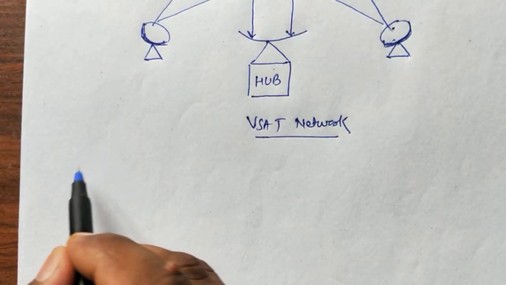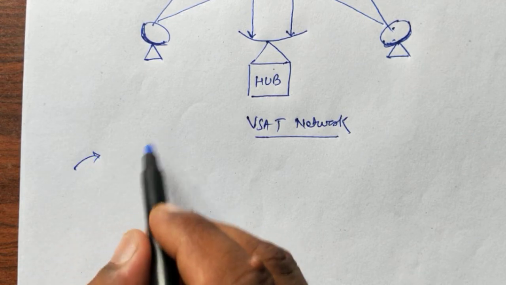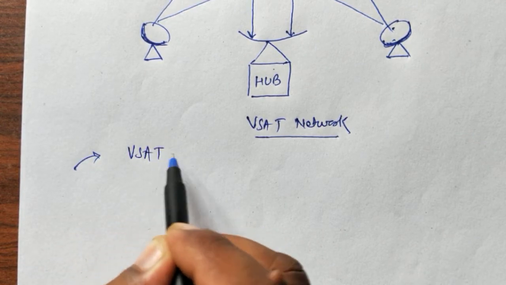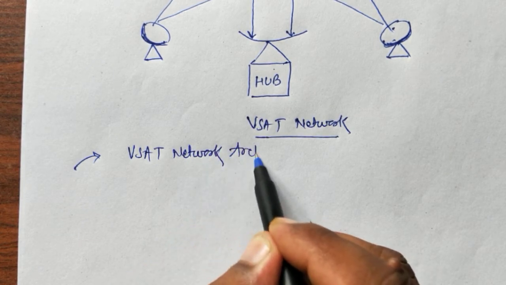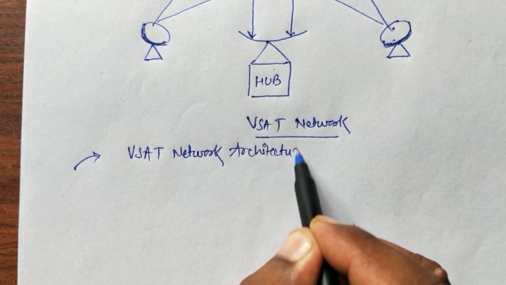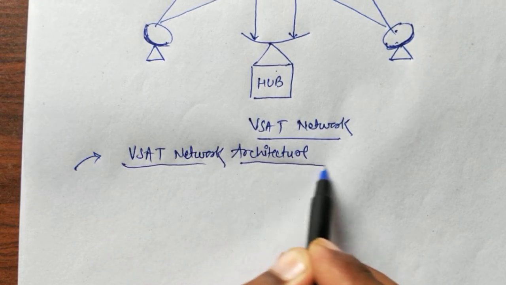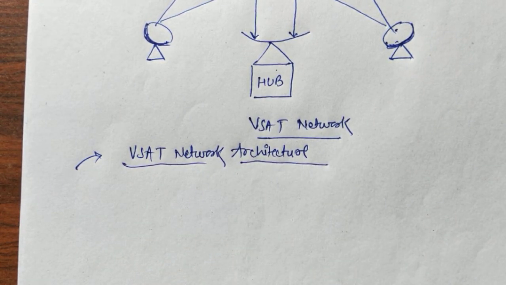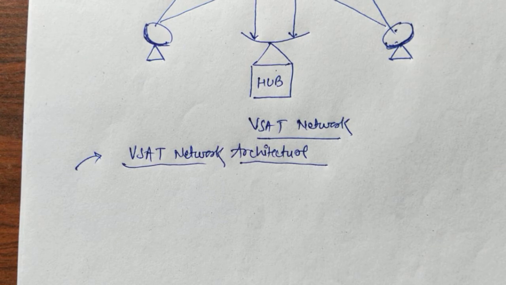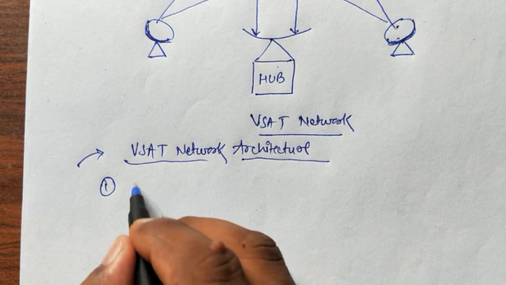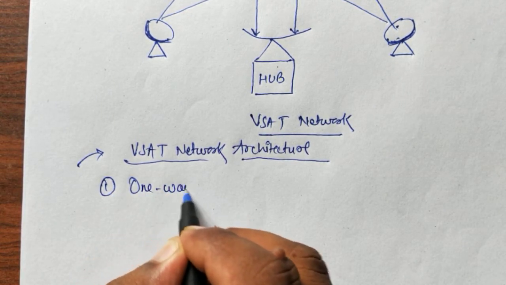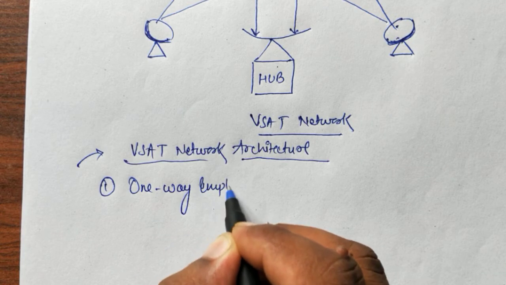So, VSAT network architecture. VSAT systems can be implemented in three basic architectures. One is the one-way implementation.